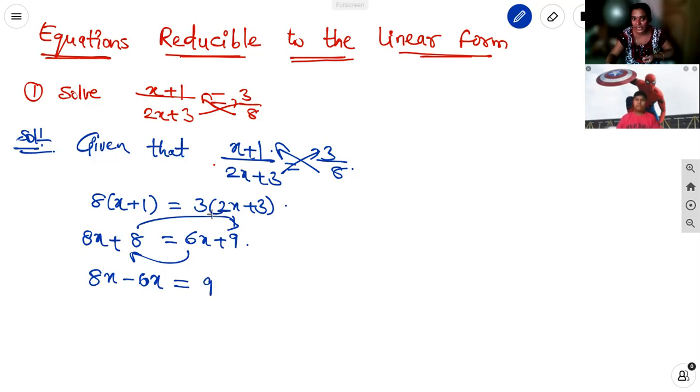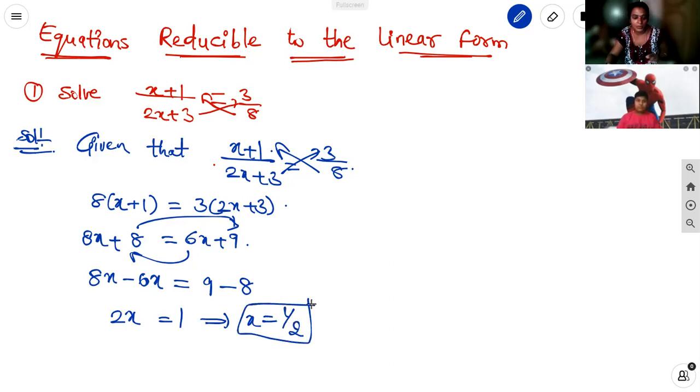Here 9 plus 8 is taken to the right side, it becomes minus 8. 8x minus 6x is 2x equals 9 minus 8 equals 1. So x equals 1/2. So this is the answer.